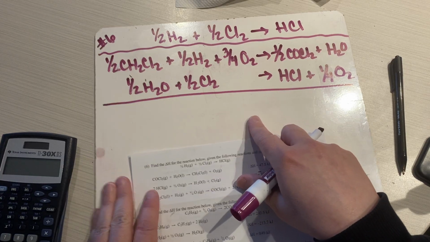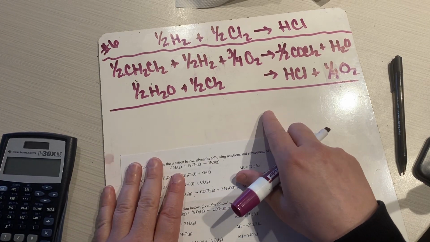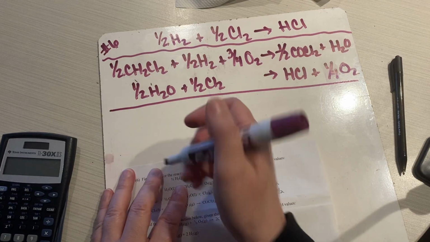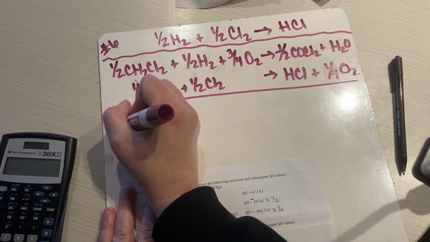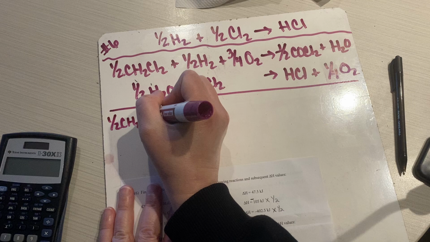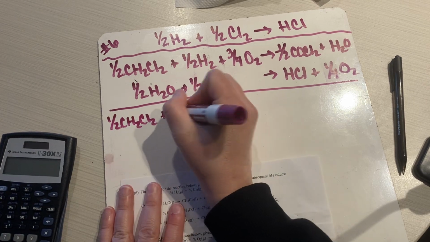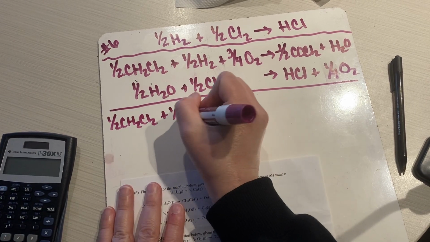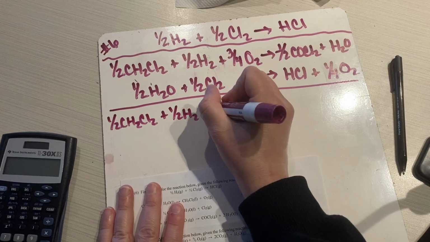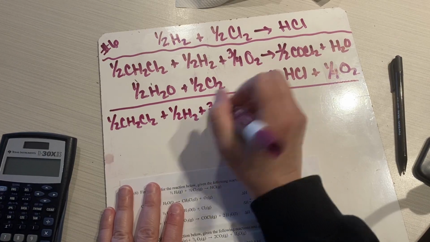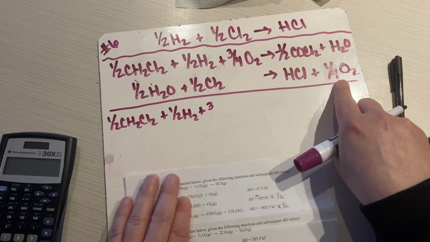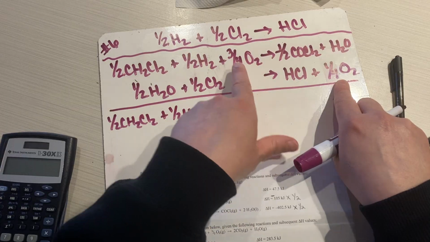So let's start combining because it looks like we're not going to have much to put together. So we're going to have half CH2Cl2 plus half H2 plus 3. Oh, we have 1/4 of an O2 over here. So this is not going to be 3/4 anymore.